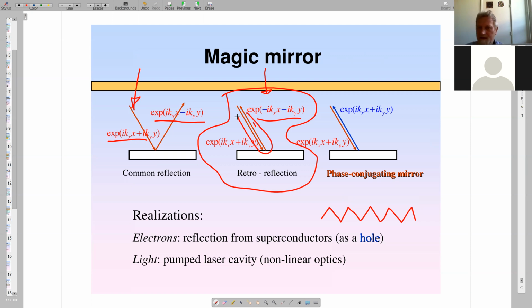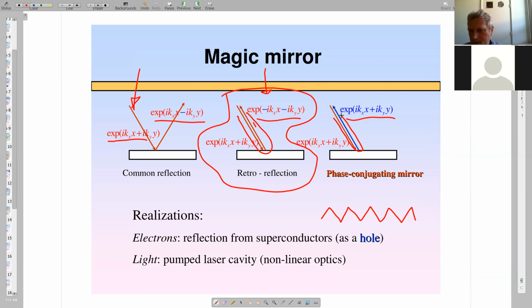What would be really cool is to have a reflected wave in the opposite direction with precisely the same phase, so that the phase shift is compensated if I go there and back. That cannot be a wave of the same sort, obviously, so I draw it with a different color. The red wave is reflected into a blue wave. So it's called a phase conjugated mirror, and it's really a piece of magic.